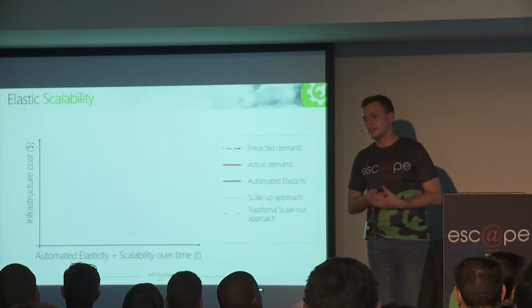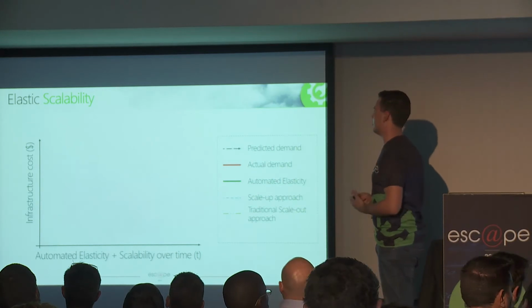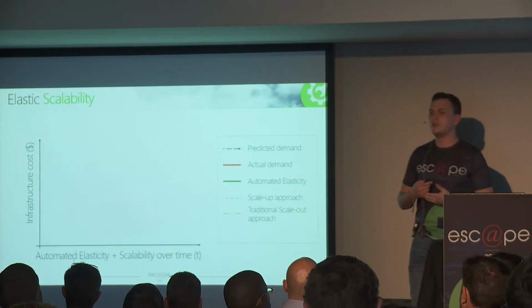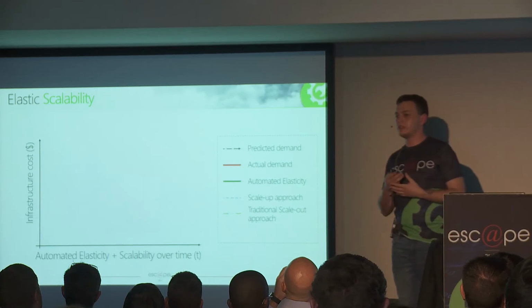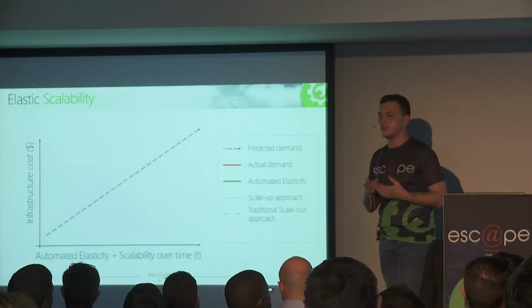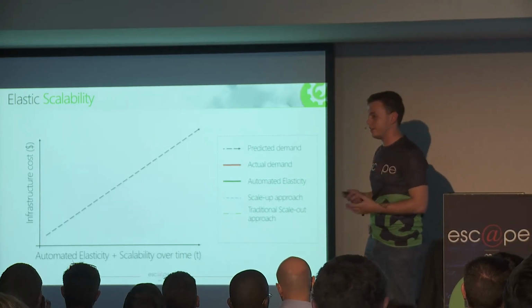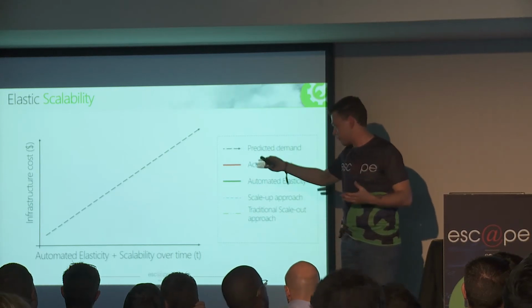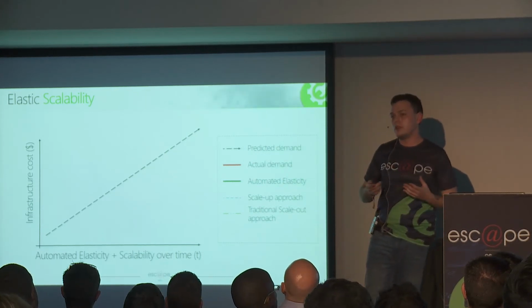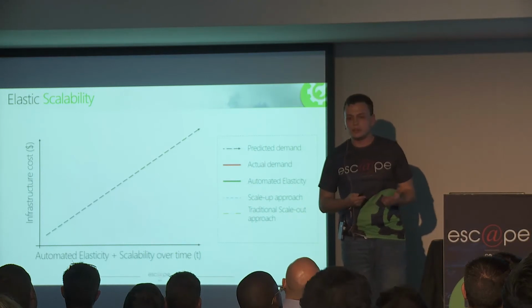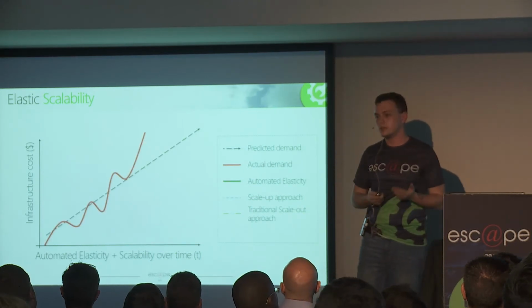So I've mentioned automatic scalability, but what does this actually give you? If you think at how you normally model trends, for some reason, people tend to think linearly. This that is currently shown would then be your predicted demand. But as we know in the real world, that doesn't always happen.